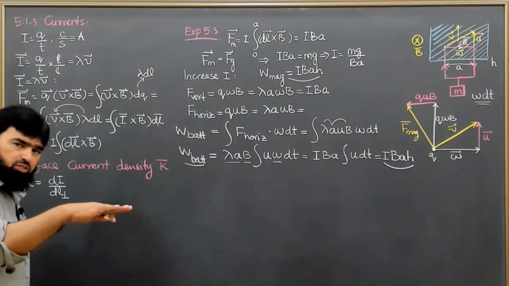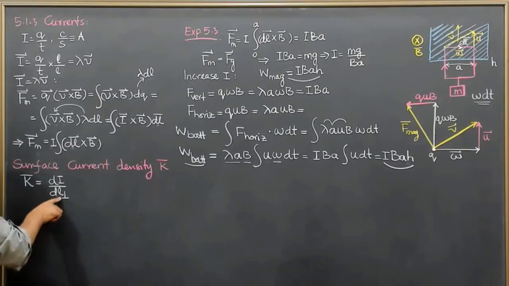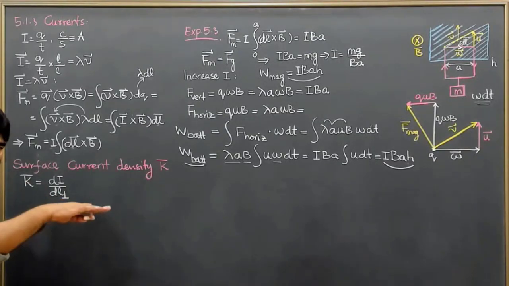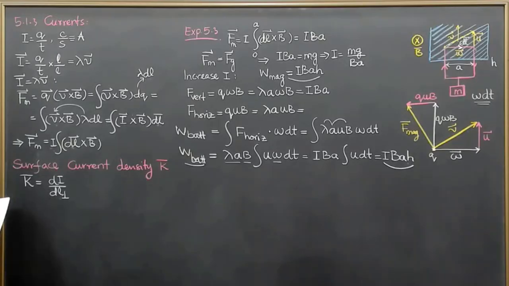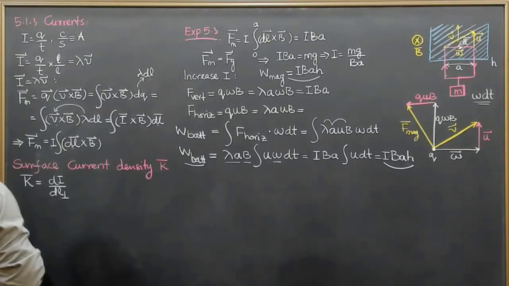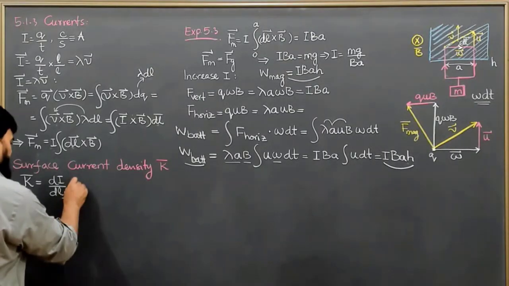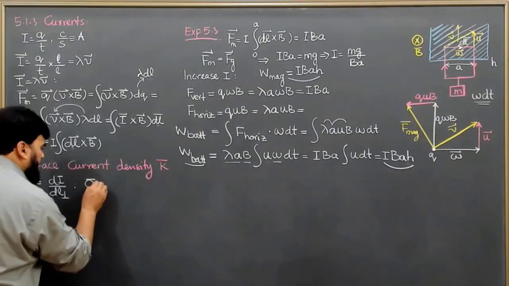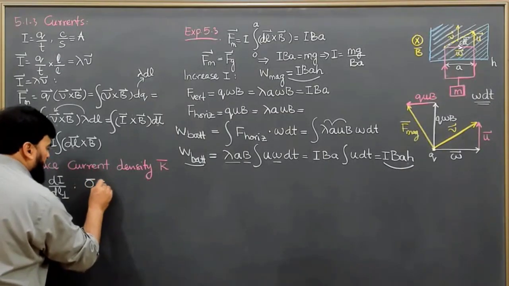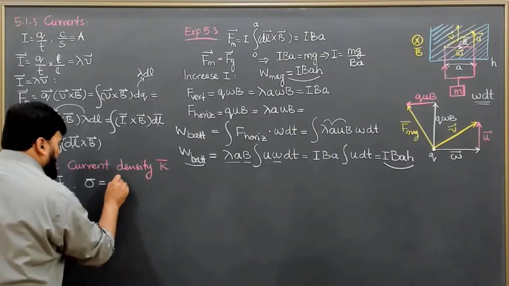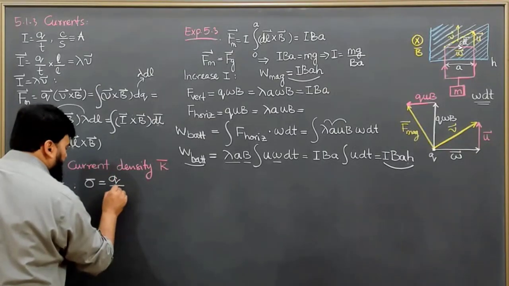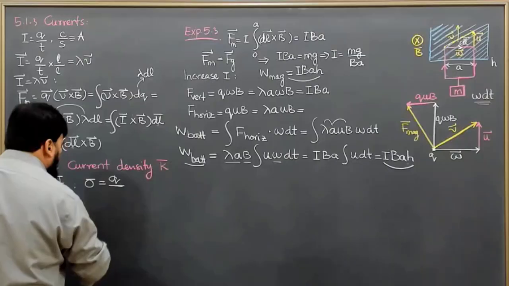Along the surface we are going, this is the perpendicular length, meaning the cross sectional length along which the current is flowing. So I can write that it is the current per unit width perpendicular to the flow. And if I define sigma as the surface charge density, meaning the charge per unit perpendicular length.